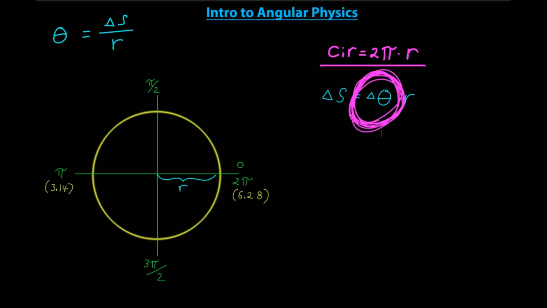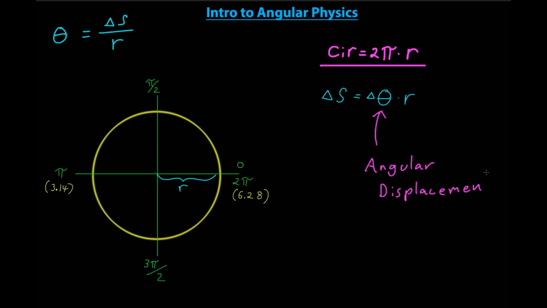And that's the important part. It has to be in radians. The actual name for this, by the way, is angular displacement, or this is arc length, but it could also be called path length because it is the actual path a point would travel around the circle.